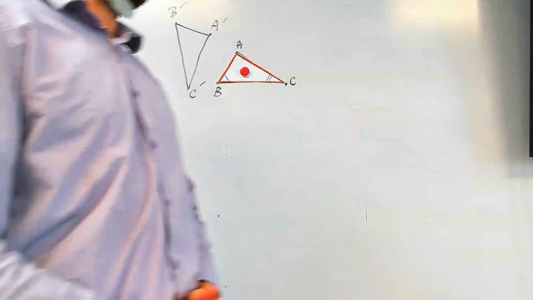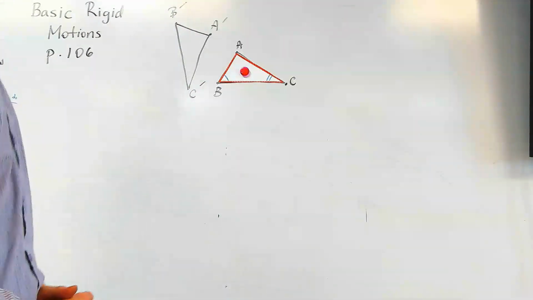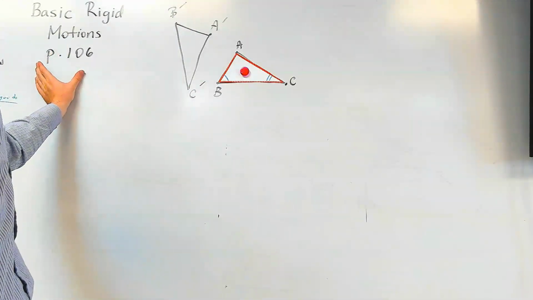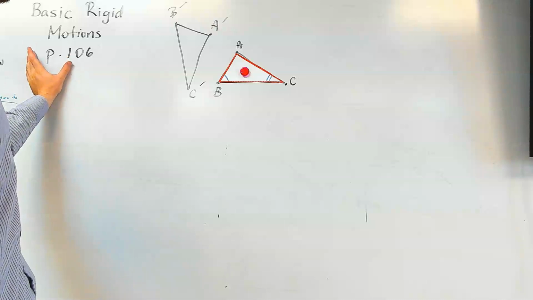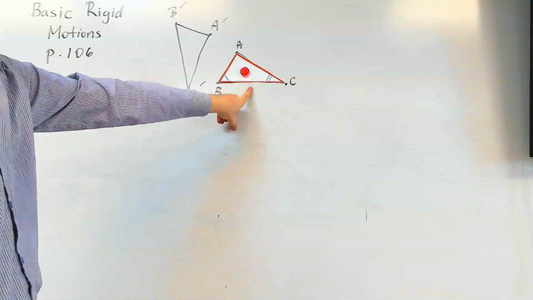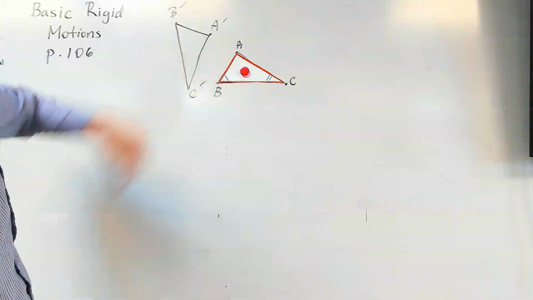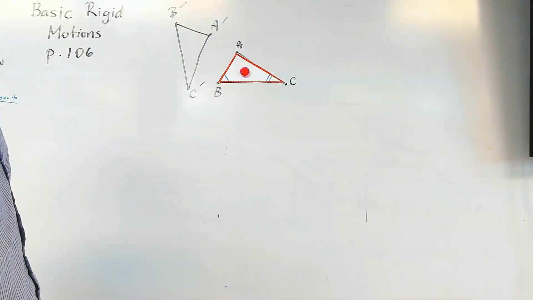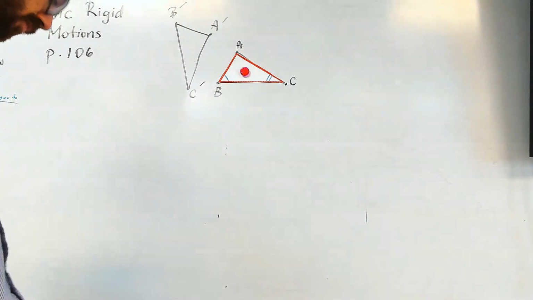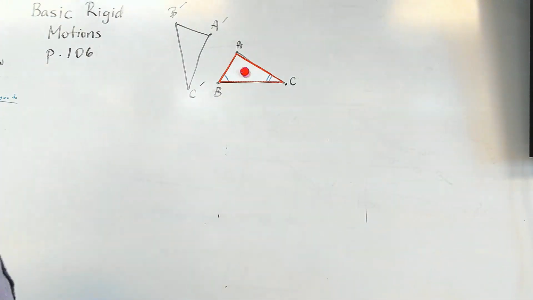Why don't you guys think about it for a second, though? See if you can use at least 1 or 2 basic rigid motions to find out how to get from triangle ABC to triangle ABC prime. All right, I'm going to give you a few seconds. Go ahead and pause right now. Think about this on your own and write it in your workbook on page 106 or in your notebook. Go.